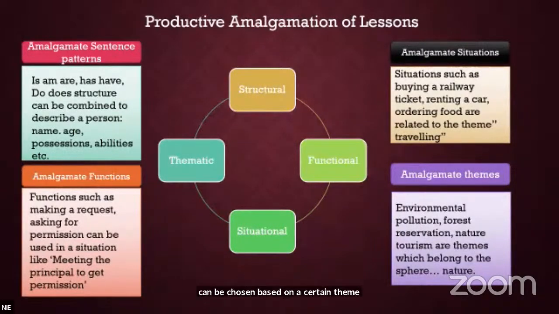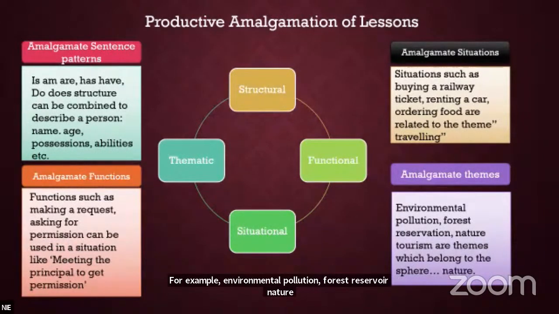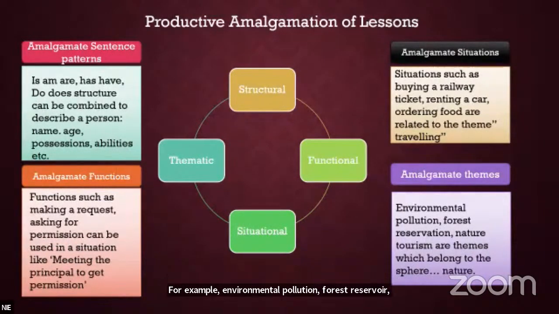For example, situations such as buying a railway ticket, renting a car, ordering food are related to the theme traveling. If the lessons are based on themes, the themes can be integrated so that the learner could build a concept of a certain realm. For example, environmental pollution, forest reservation, nature tourism are themes which belong to the sphere nature.